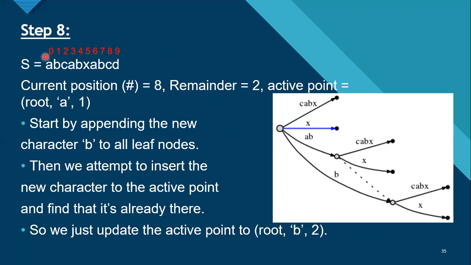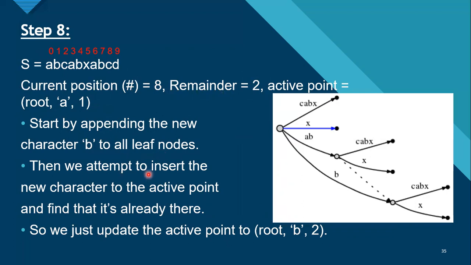We go to step 8. Our current position is 8. Again, the remainder is incremented since we just started a new step. Our active point is root A1. We are now processing the character B. We start by appending the character B to all of the leaf nodes, as usual.